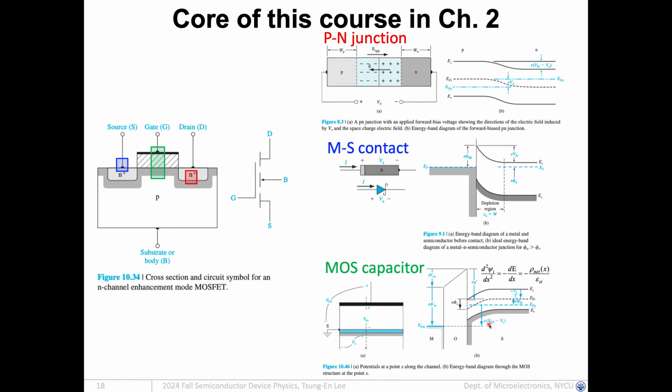After threshold, you become inversion, weak inversion, and strong inversion. And we can derive the electric field and the potential well from the Poisson equation. And finally, if we consider these three terms, then we can fully understand how a long channel MOSFET operates.